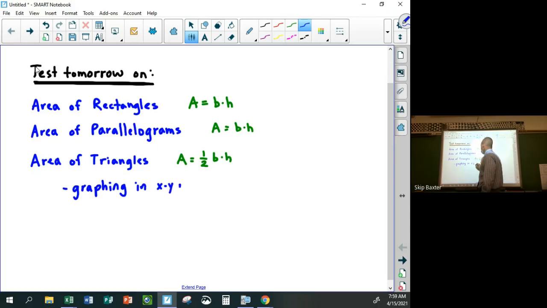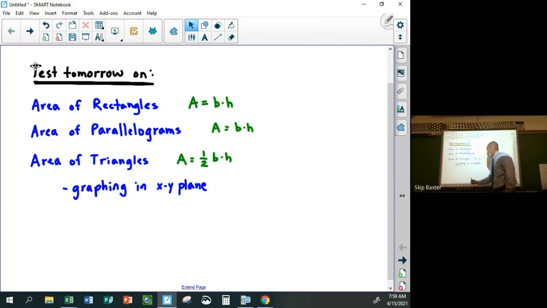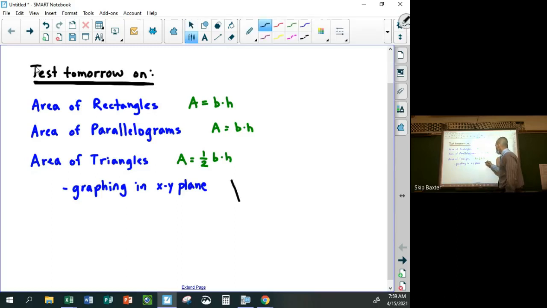So remember, the whole idea here was if you have a triangle that looks like this, and you're trying to calculate its area, the whole idea is that you encompass it with a rectangle, and you take the area of the rectangle minus the area of the little triangles that you don't want to include. Everybody remember that process?